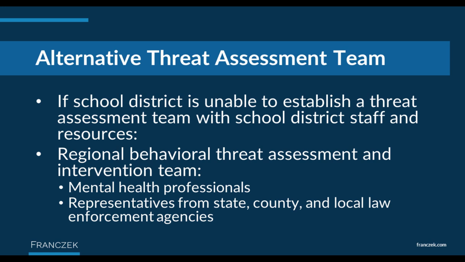My understanding is that that particular provision is especially meant for some of our school districts downstate who do not have in their school district buildings some of these individuals and really have to rely on their regional counterparts to provide that. But that is an option if a district does not have those things in place.